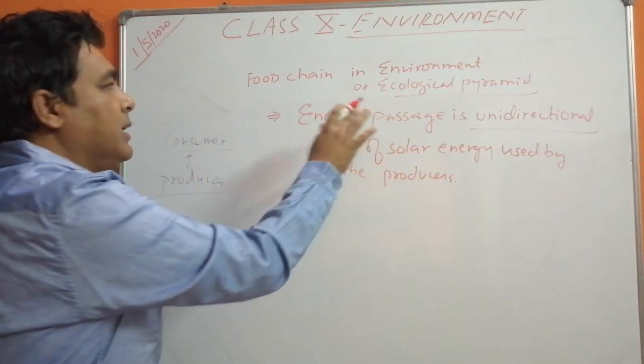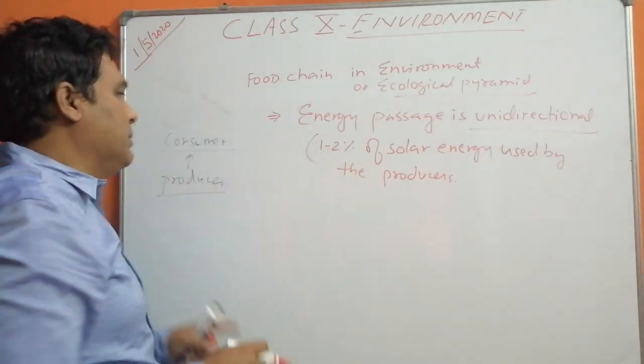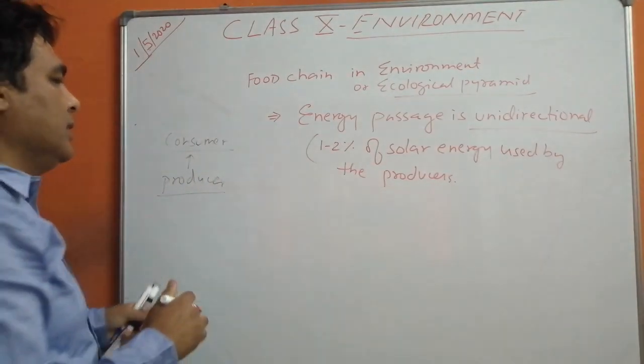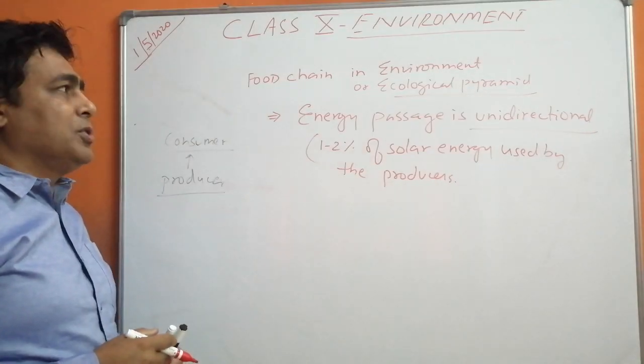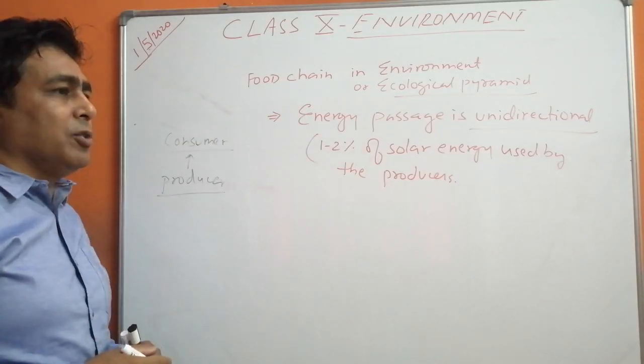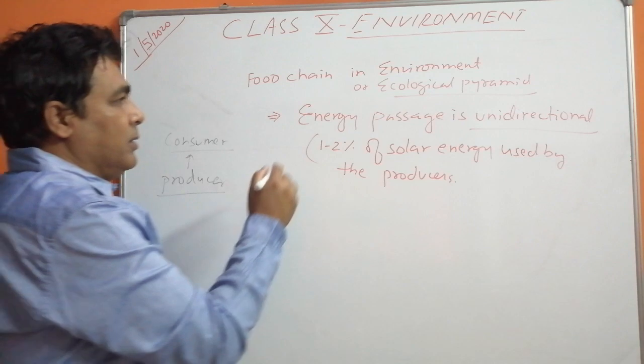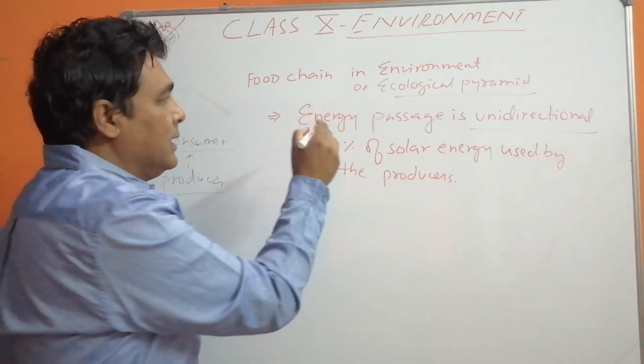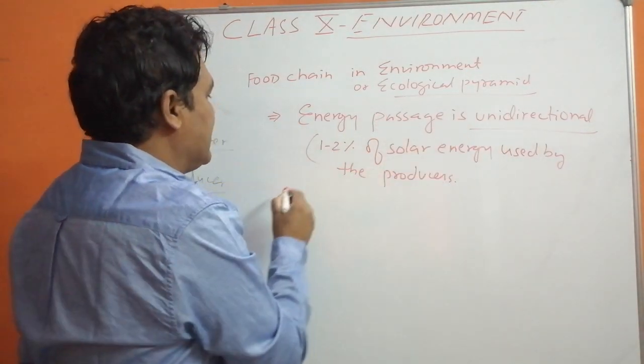Now we are actually discussing the things in the ecological pyramid. There are two pyramids. One is going to be the food chain, and the other is going to be the energy one. Biomass and energy we are going to discuss. Now energy passage is unidirectional.